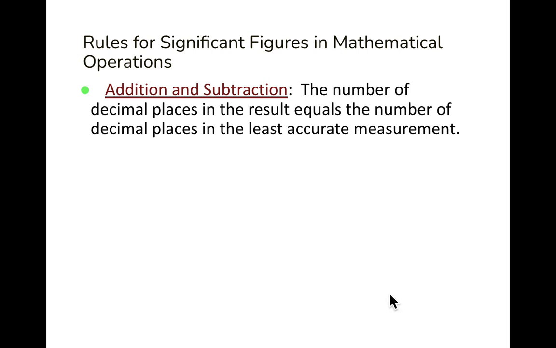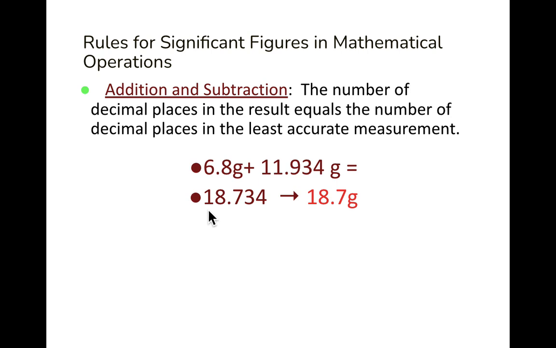Here's an example though. So if for some reason you measured two different objects on two different scales, one which went to the tens place and one that went to the thousands place, and for some reason you wanted to add those two measurements to see what the result would be, you would end up with the result of 18.734 in your calculator.